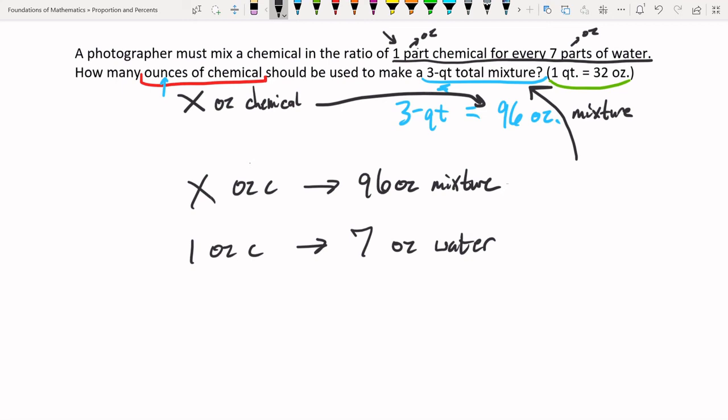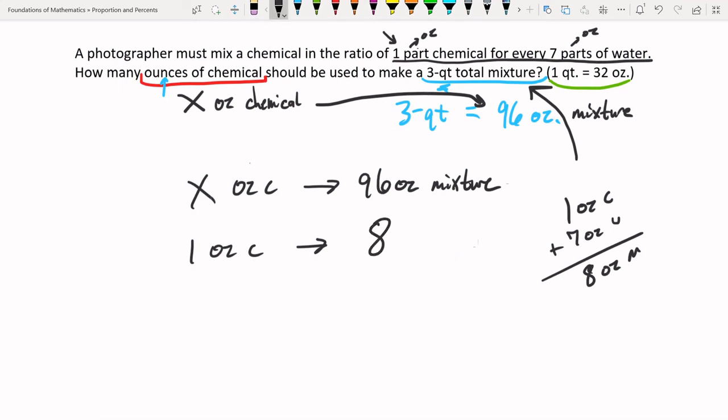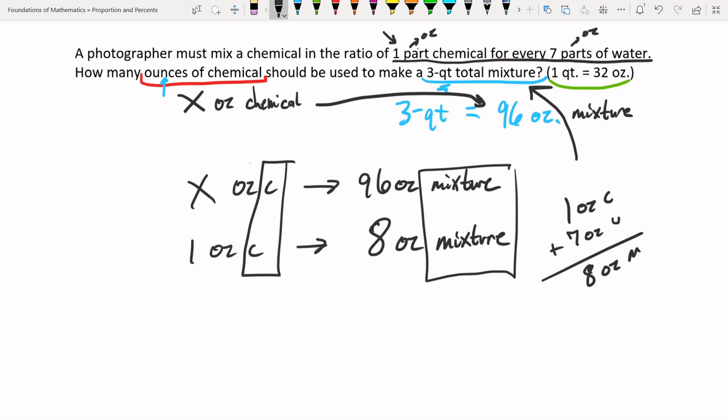So if 1 ounce of chemical and 7 ounces of water are being used to make a mixture, then how much mixture is that making? 1 ounce of chemical plus 7 ounces of water gives us 8 ounces of the mixture. So instead of using 7 ounces of water, we're going to use 8 ounces of mixture. And now you see we have the same units here, which means we can use ratios and solve this thing out.